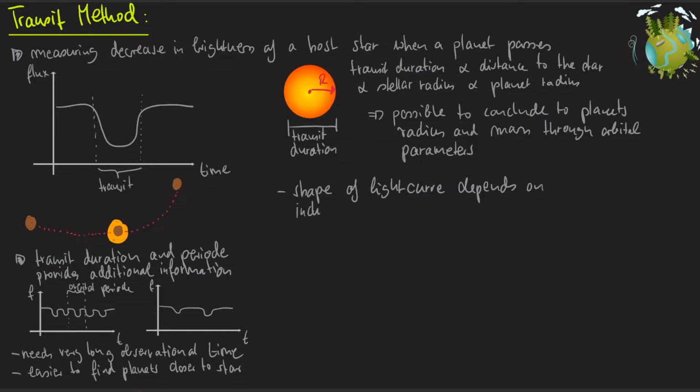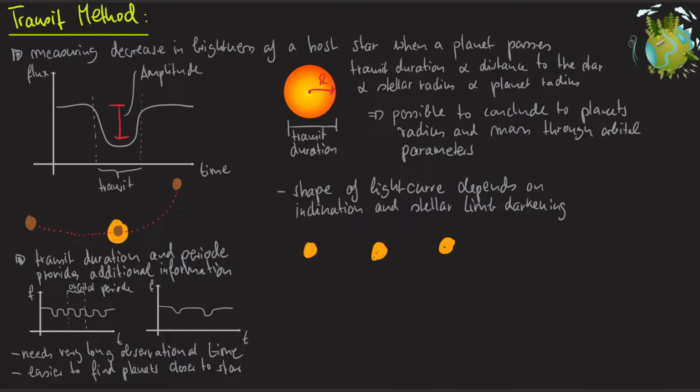The shape of the light curve depends also on its inclination. Then we also have to think about limb darkening. Now the inclination is of course a problem. Now we have here the scenario of an edge-on view, so we see the star, and the planet is right in front of it.